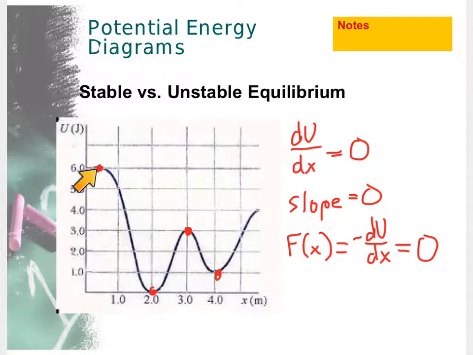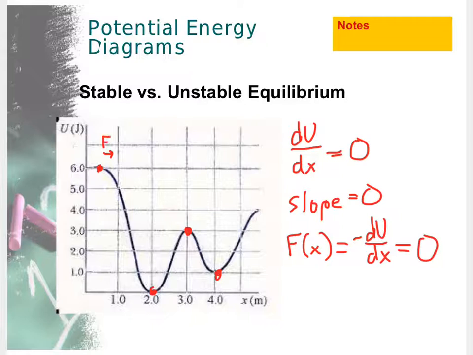Now, what would happen if for some reason it gained just a little bit of kinetic energy? Okay, and we gave it a little nudge toward the right. Well, since this slope is negative, the force is going to start off with a small positive value.